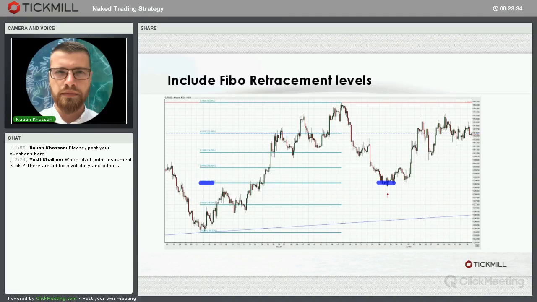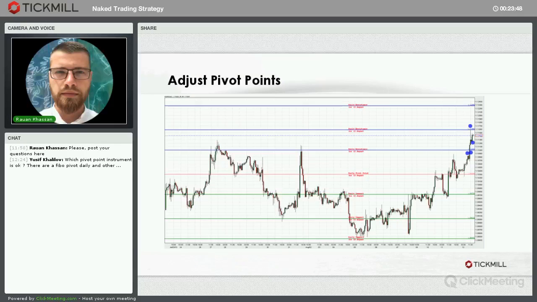Yusuf asks which pivot point instrument is okay. There are Fibo, daily and other types. So Yusuf, if I get your question correct, you have probably noted that there are different ways of calculating the pivot points. The difference between them is in formulas.